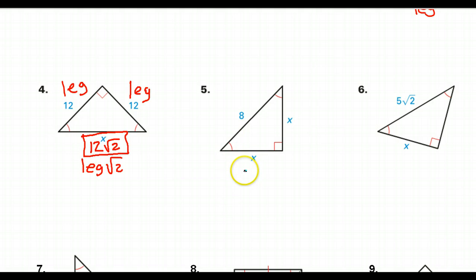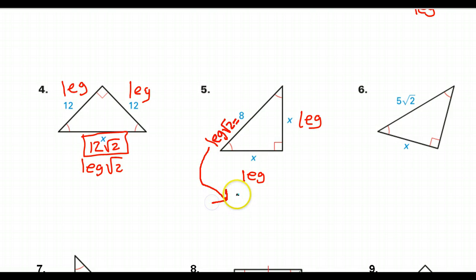Back to number 5. This should be leg, leg, and this should be leg radical 2. Okay, but that means leg radical 2 must equal 8. All right, let's focus on that for a second.